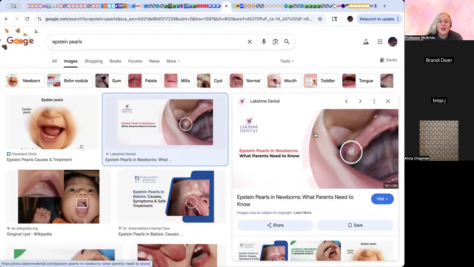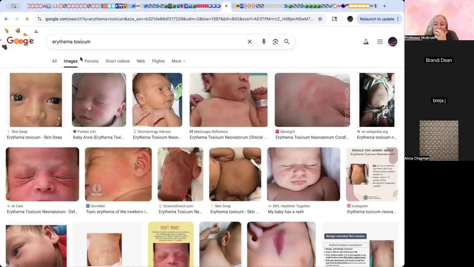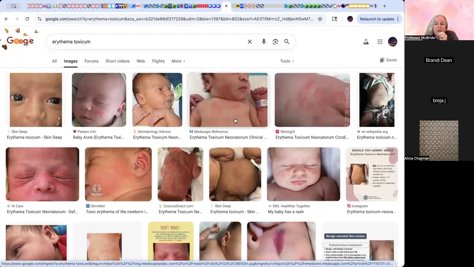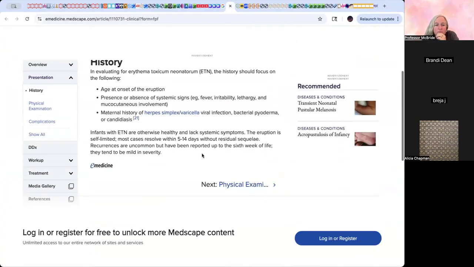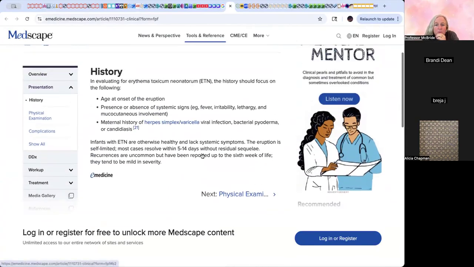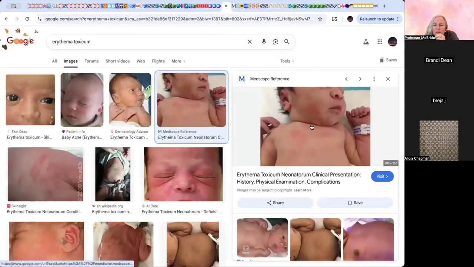Something else that wasn't on the slide that's a skin one is erythema toxicum. I feel like I talk to parents about this weekly. This is newborn rash. It looks like this.